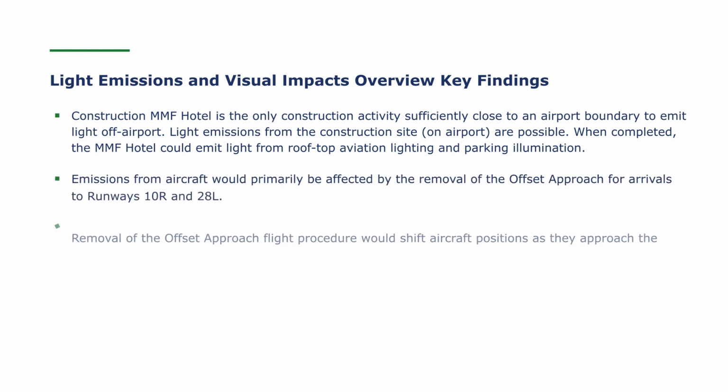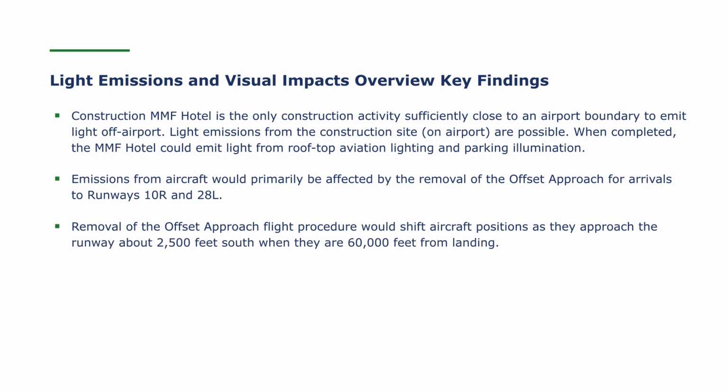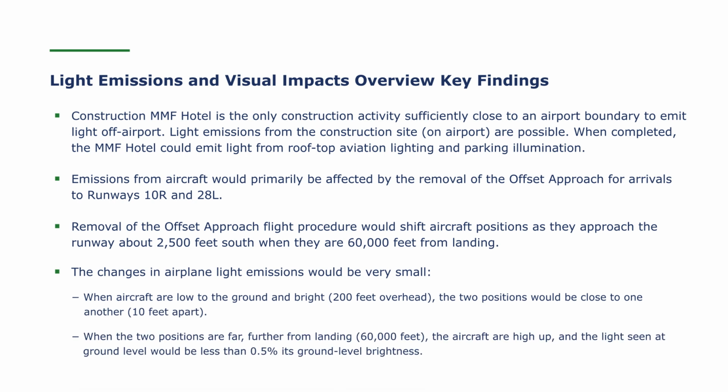Light emissions from aircraft would be affected by the no-action alternative, which includes the removal of the offset approach for arrivals to runway 10 right, 28 left. However, the changes in aircraft light emissions would be very small and would have intensities similar to those experienced in existing conditions.